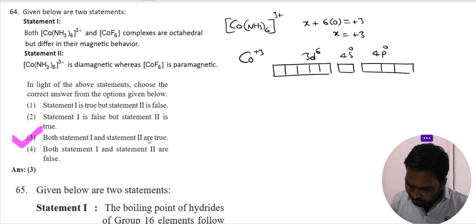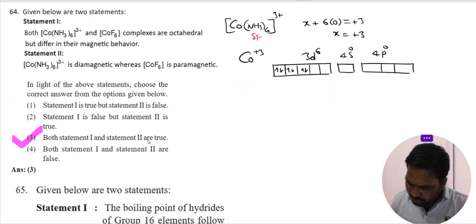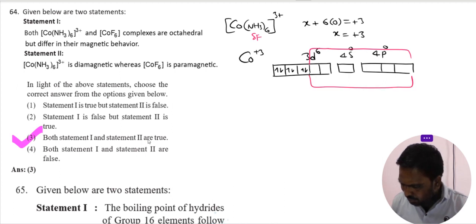That's why all 6 electrons are paired. So d2sp3 hybridization, octahedral. So the number of unpaired electrons is 0. Diamagnetic.